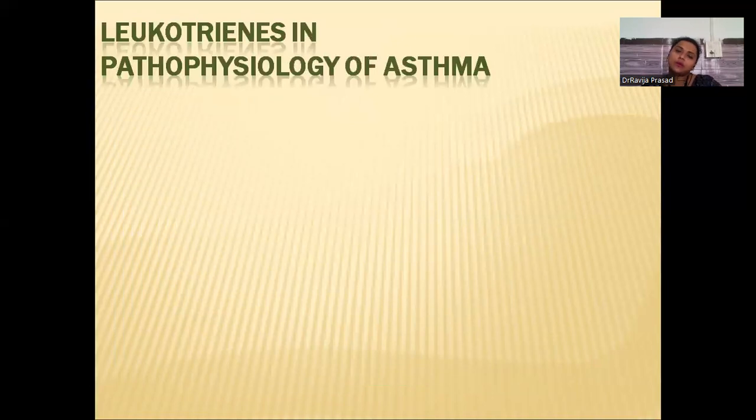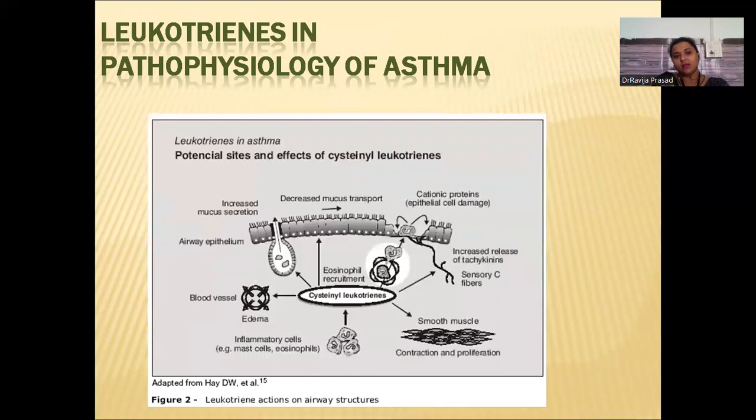So what are leukotrienes in the pathophysiology of asthma? Leukotrienes in asthma: the sites and effects of the cysteinyl leukotrienes. Now, this is the leukotriene action on airway structure. As we know, leukotrienes are pro-inflammatory mediators, right?